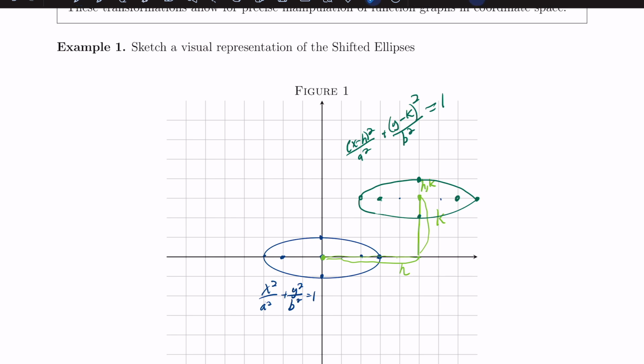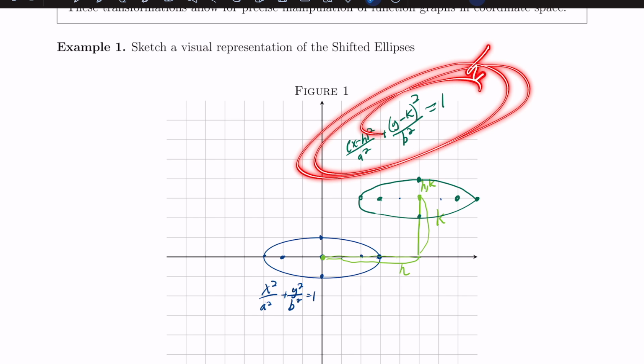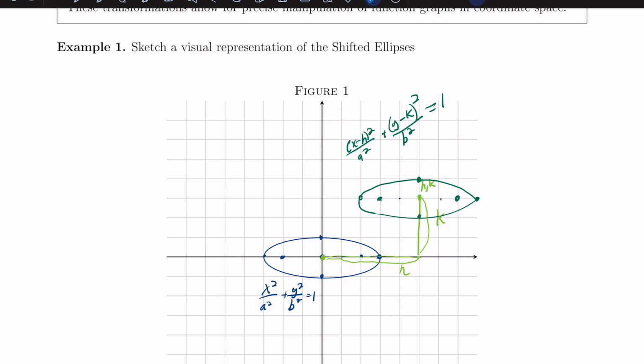So what do we have here? Basically, we're going to be given equations that look like this. We're going to solve them and figure out what this looks like, and then we're going to take each of these points over h and up or down k, and then like the same here.